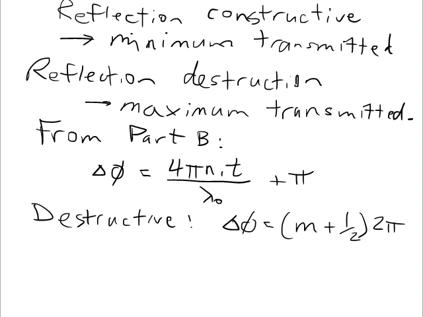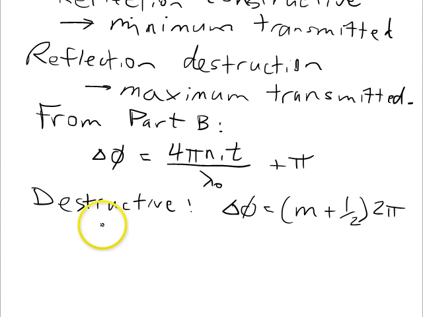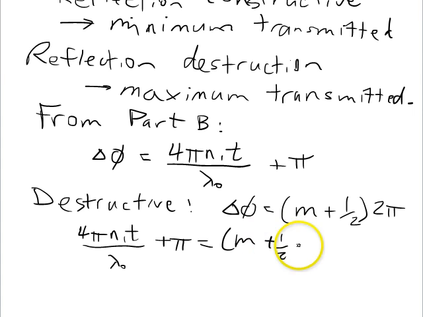So we just sub that in, and we get 4 times pi times n1 times thickness divided by lambda in the air, plus pi, equals m plus a half times 2 pi.